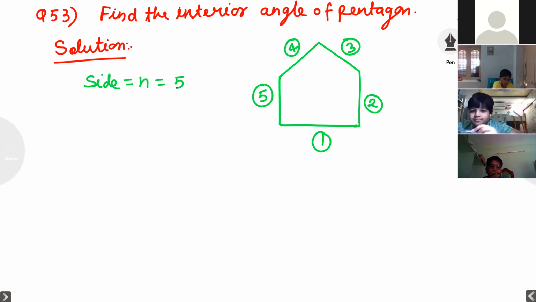What is the formula to find the interior angle of a polygon? Check it in the class notebook. I have given one formula. Interior angle of polygon is equal to n minus 2 into 180 degree. This I have given as the formula.